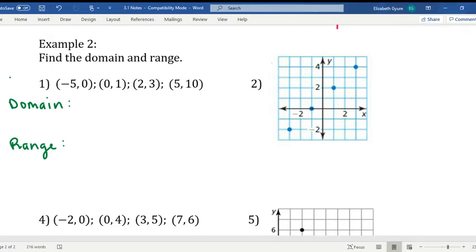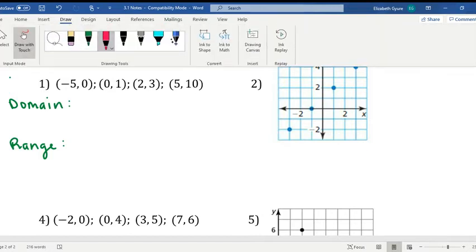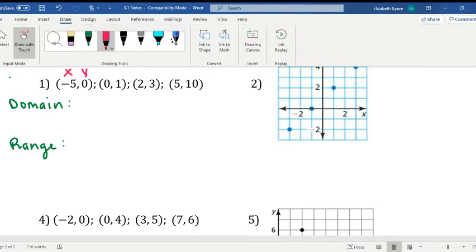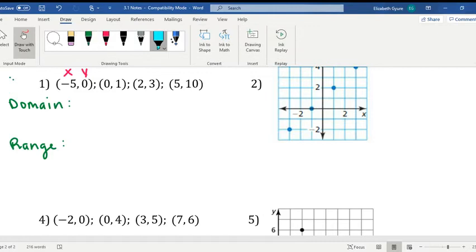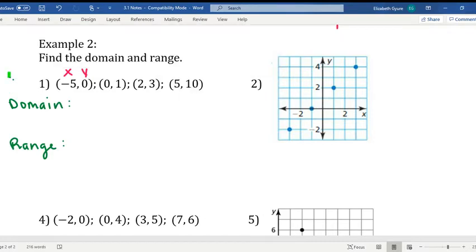What we're going to do is simply make a list. Remember, in a coordinate point, this first number is your X and then your Y, right? My domain is just a list of every single x value. So if I take a look at my points, all I want to do first is identify all my x values, all of the first little numbers.